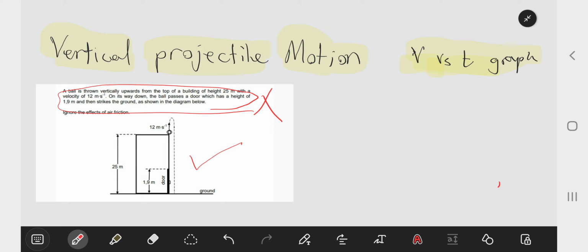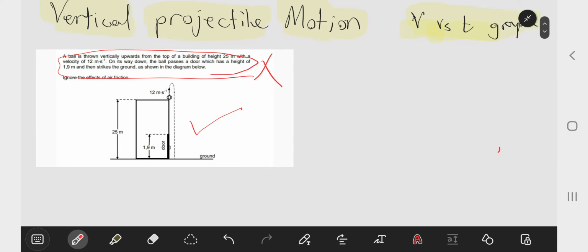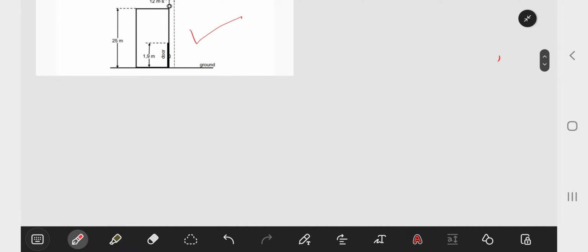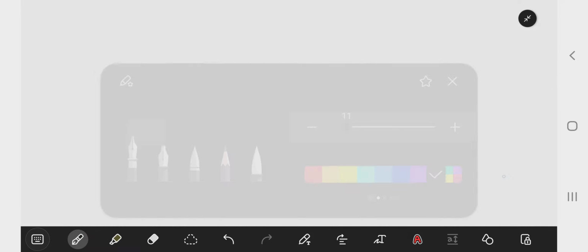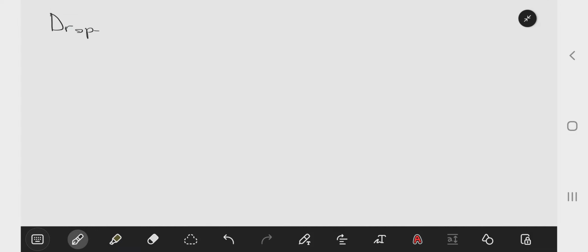But where do we actually start when we explain these velocity time graphs? We have two scenarios. The first scenario is that a ball is dropped. You drop a ball from a stationary point, meaning the initial velocity is 0.